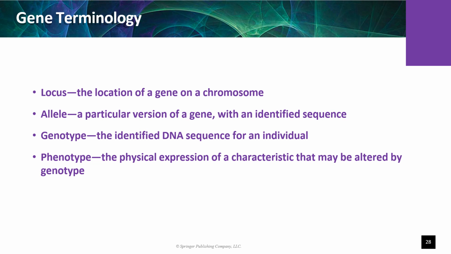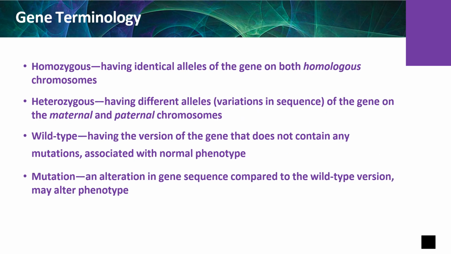Alleles with normal gene structure and function are known as the wild type. Allele versions that do not function normally are known as mutations. Remember, homozygous means the same or identical, and heterozygous means different.